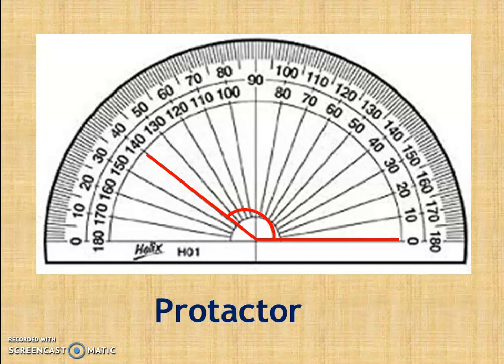An acute angle is smaller than 90 degrees. And the last one, obtuse angles, is larger than 90 degrees but less than 180 degrees.